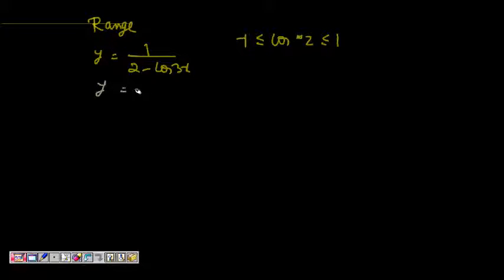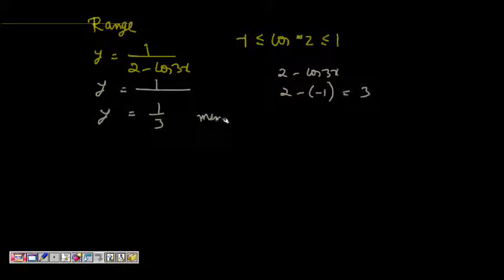So y is always, its biggest value of 2 minus cos 3x will be 2 minus minus 1, which is 3. So this is the biggest value. So if this is maximum, then y, this is 1 by 3, this is the minimum value of y, and y is equal to 1 by 2 minus cos 3x.